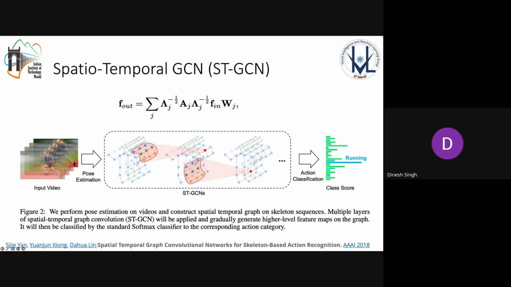So let's say here it's a running based activity. Now the legs we should get more attention. Obviously the hands are also moving, so there also we can get more attention, while the rest of the body is kind of parallel and not defining that much.